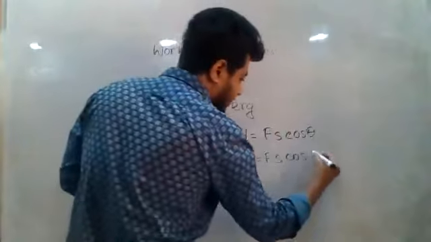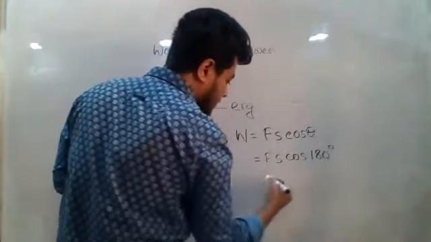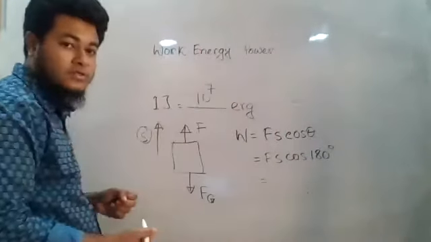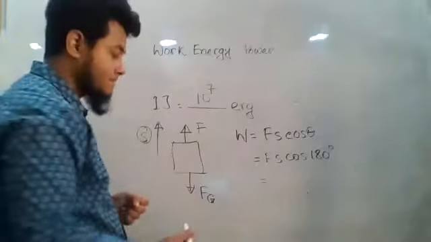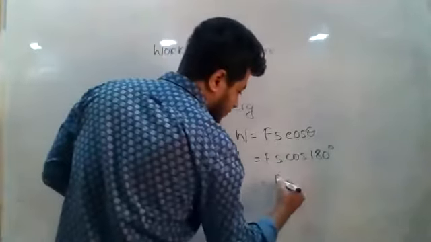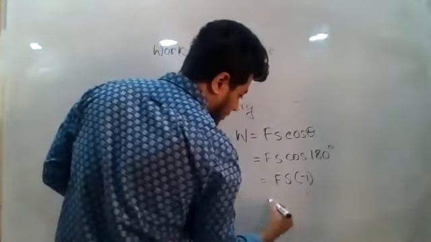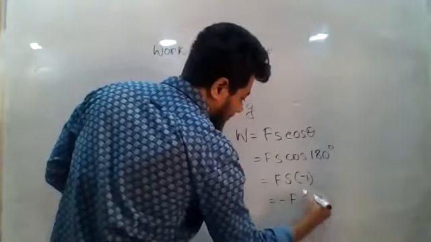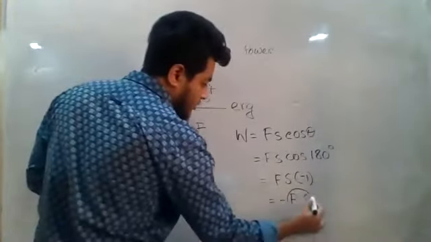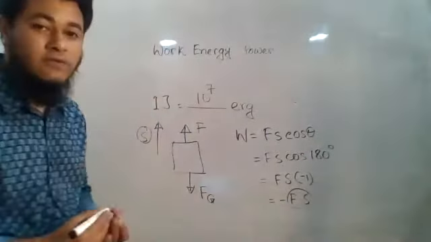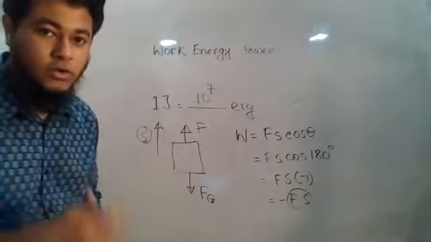So put the value of theta as 180 degree, Fs cos 180 degree. Do you know the value of cos 180? It is -1. So it will be minus F into S. So when you put the value, you get the work as negative.